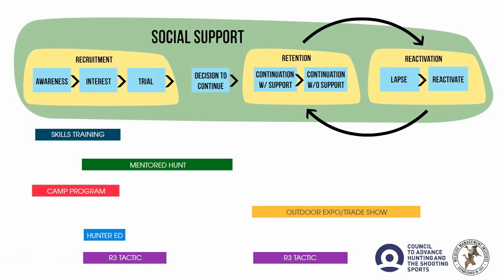Now, at this point, let's take a step back and look at what we've mapped on the adoption model. As you can see, we have multiple efforts that span different parts of the adoption model. A couple things to note here. One of the more useful aspects of this mapping activity is to help us identify the extent to which different R3 efforts are impacting the individual's process as they move through the adoption of hunting or the idea of hunting.